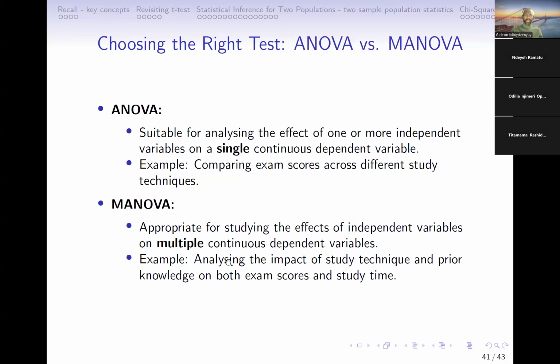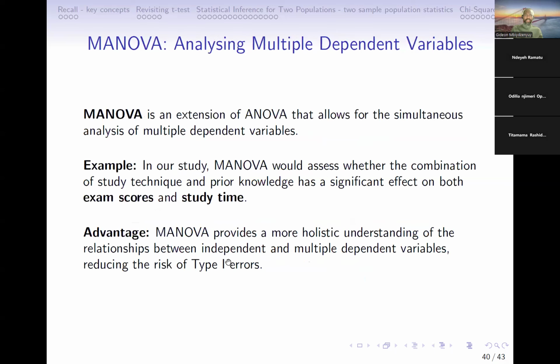Another example is that we would like to assess whether the combination of a study technique and prior knowledge has a significant effect on both exam scores and study time.